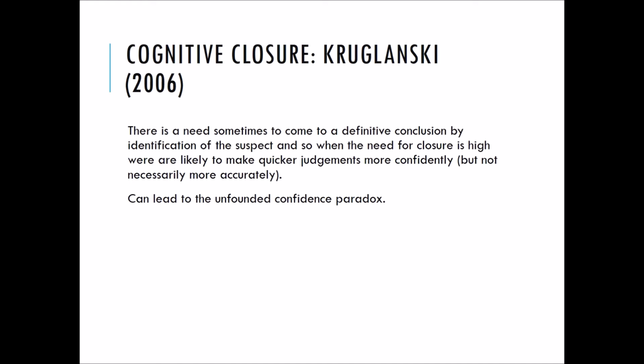Your decision making process may actually be more thorough and therefore better. So this can lead to something which these researchers coined the unfounded confidence paradox. So in other words, you're more confident in your decisions, but there's no solid reason why you are more confident. You're just more confident because you want to end the case.